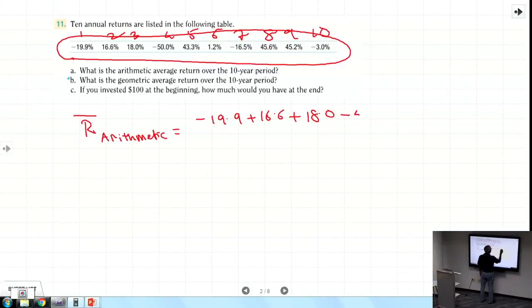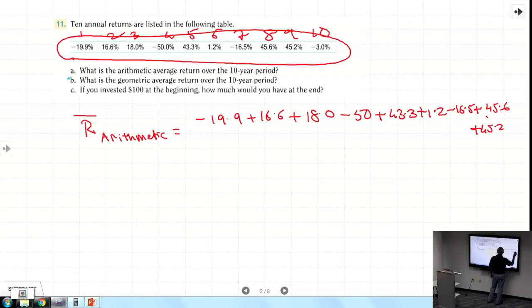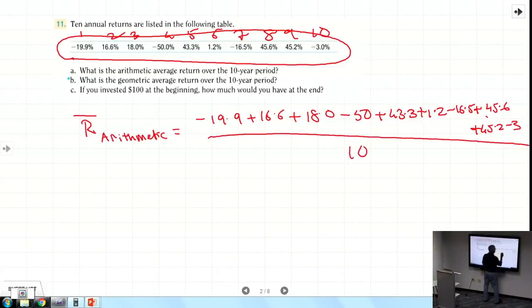So this would be negative 50 plus 43.3 plus 1.2 negative 16.5 plus 45.6 plus 45.2 negative 3. We take all of that, divide this by 10, and the answer is going to be 8.05. That's our arithmetic average in percentage.